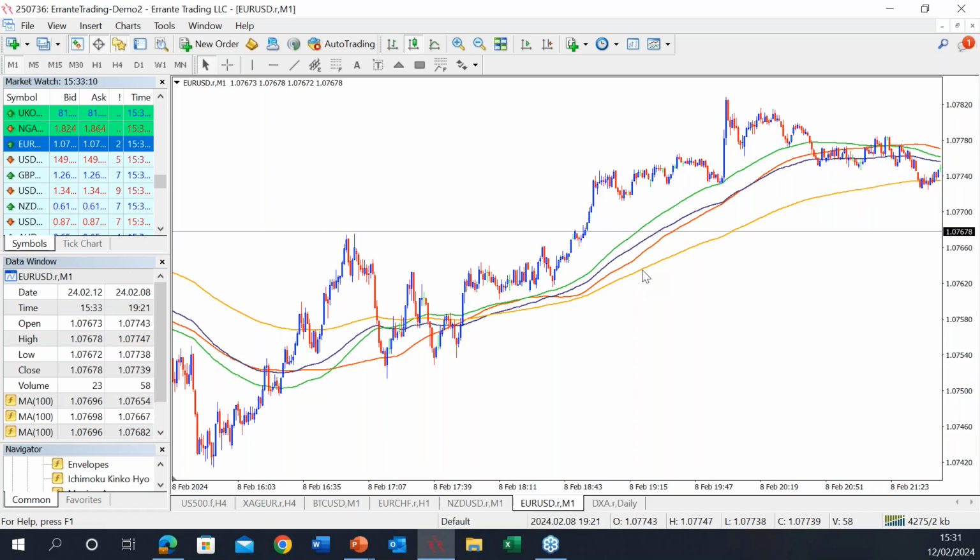But the one that usually shows the general direction of the market is the smoothed moving average. So you can choose between different moving averages based on your purpose, or let's say it depends on what information you're going to extract from the market that can help you to make a better trading decision.